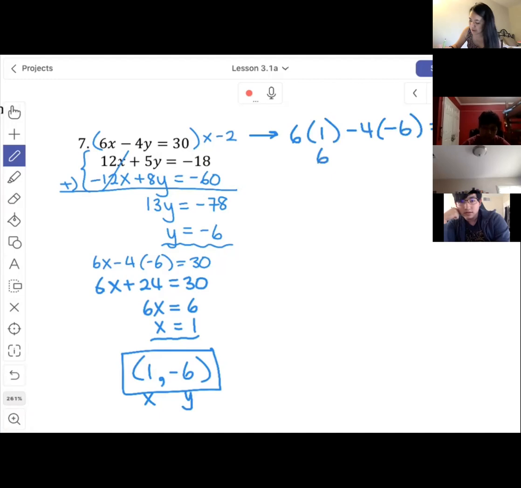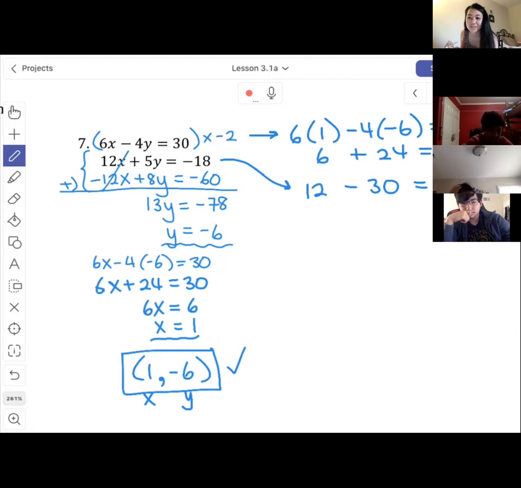So does that work? Yes, it does. Okay, and then do that for the second one. Okay, so 12 positive minus 30 is equal. Yeah, that's also true. So that guarantees that you got 100%, and that is the correct answer. Does that make sense?